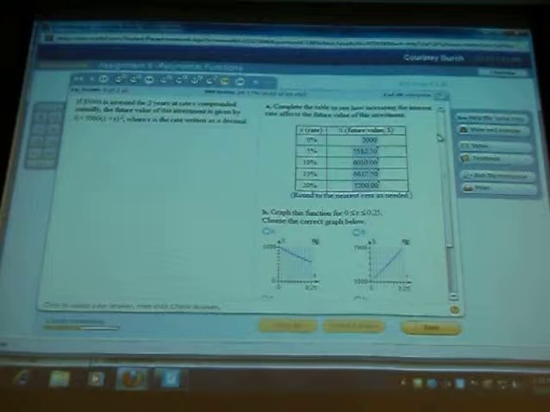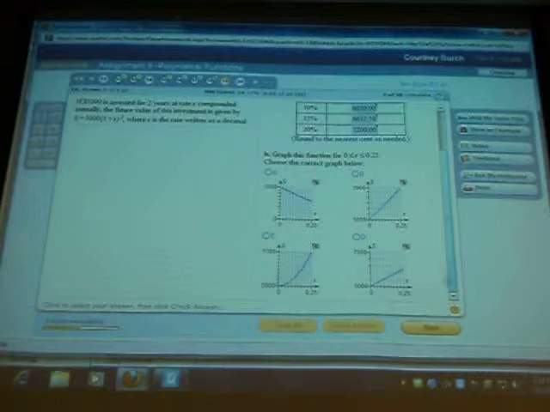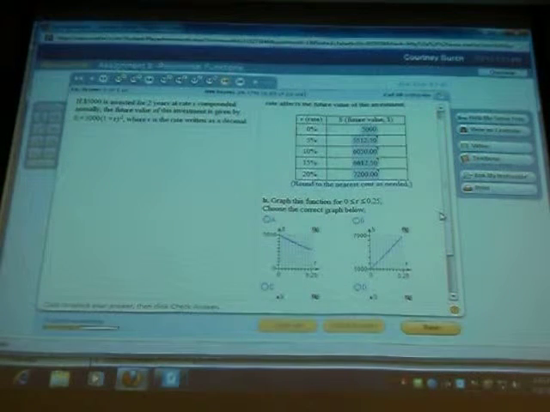$512.50. Okay? So every time you increase your interest rate, you're earning an extra $512.50. Is that true?